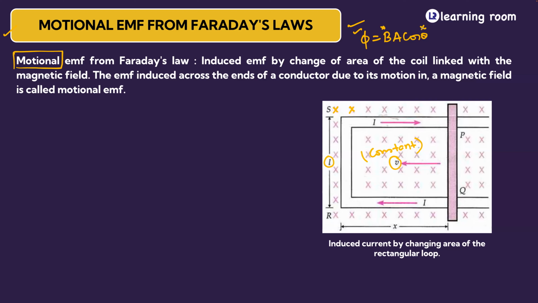But what is changing here? It is the area. Why? Because by placing this conductor here, you form a rectangular shape. In that rectangle, the length of the conductor is fixed, but the distance from the fixed end to the conductor, this x, is going to change with respect to time as the conductor moves towards or away from this end.